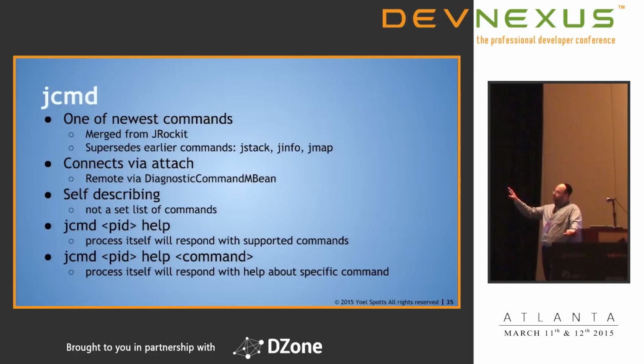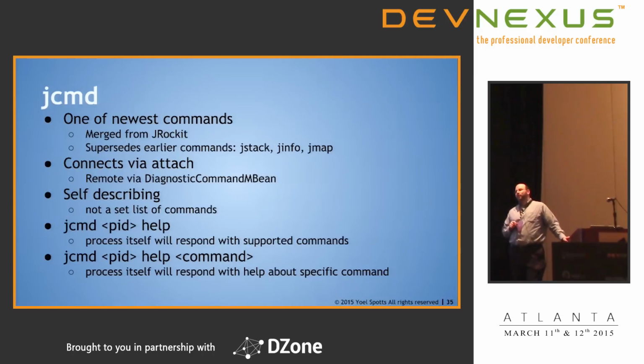The only way you could do a remote JCommand operation is through an MBean. It does create a bit of a chicken-and-egg issue, because one of the usages of JCommand is to start the management agent, in order to start JMX. But it is available at least through an MBean. Now, what's really nice about JCommand is that it is self-describing.